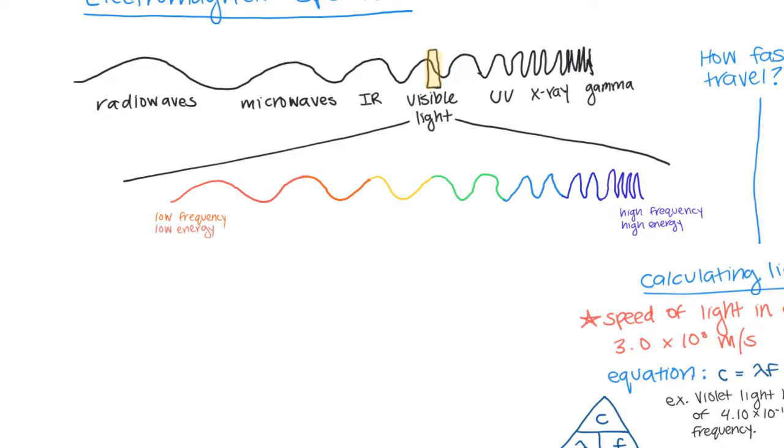So these are red waves, low frequency, low energy, but longer wavelength. And on the opposite end of that visible light spectrum, we have our super high frequency, high energy waves, which are our violet light waves. So within this small little wavelength of visible light along this electromagnetic spectrum, we can break it down even further to see these various colors.